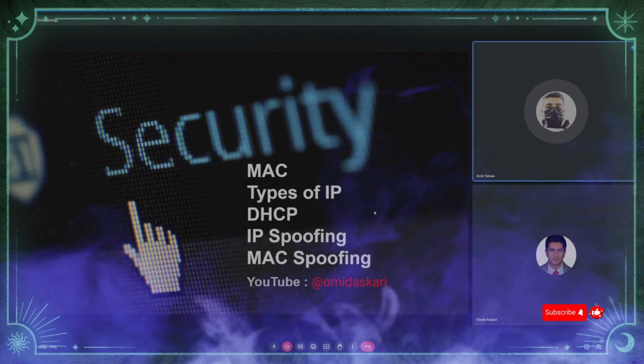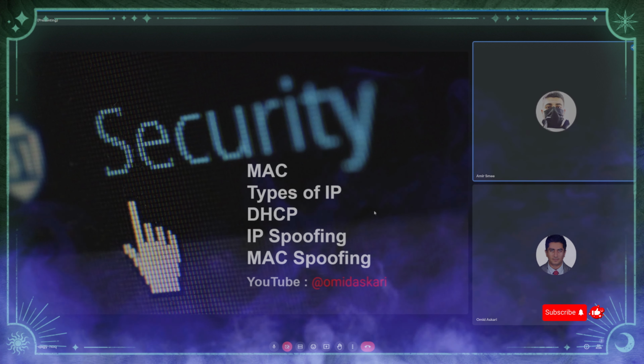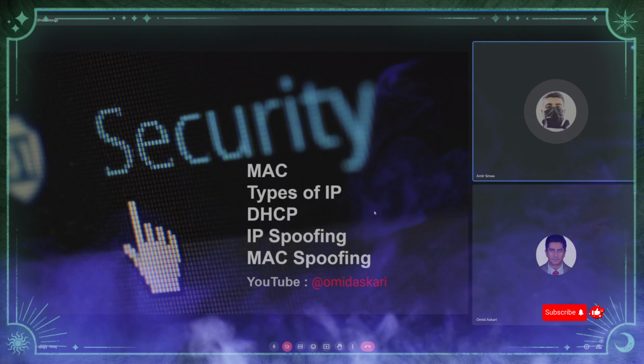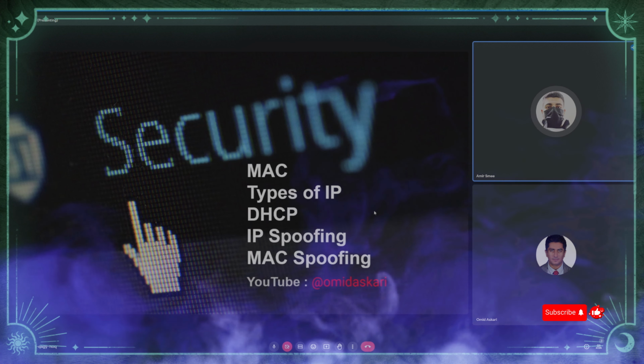Question three. What is IP spoofing and how does it work? IP spoofing means an attacker masks the source IP of a packet, and changes the source IP of a packet.